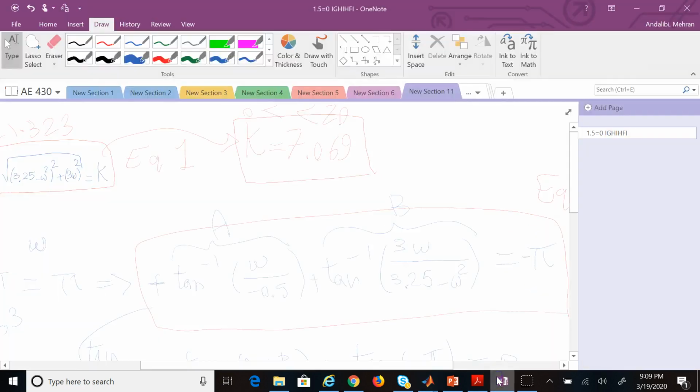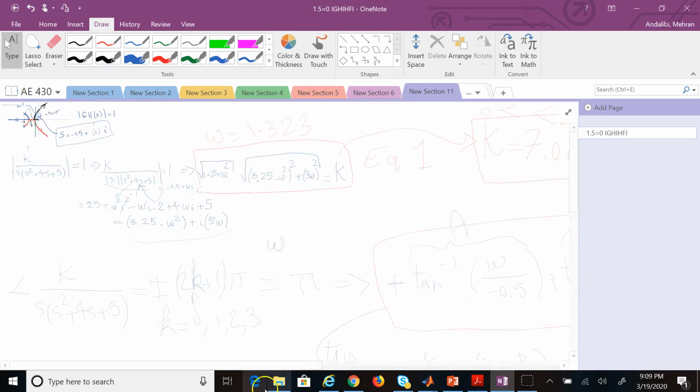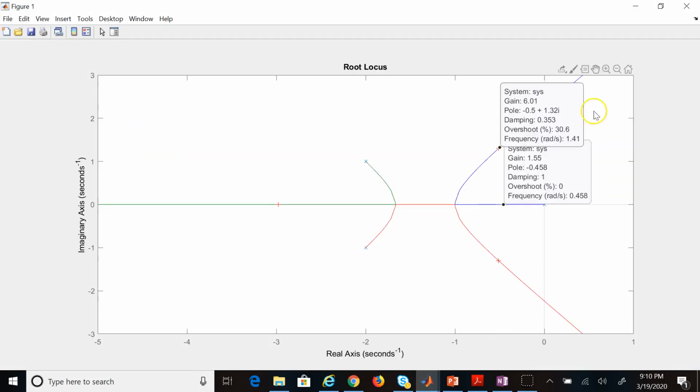Now let's see if we found the same thing. We found omega to be 1.32, so we found it exactly. That is good. But for k, I guess we made some mistake in calculating it, because the k I found is 7.1 if you round to two digits, but the number MATLAB is giving me is 6.01.